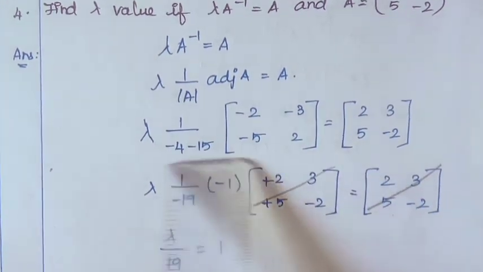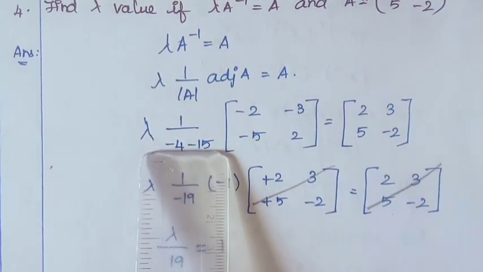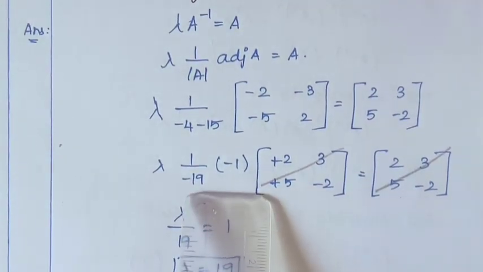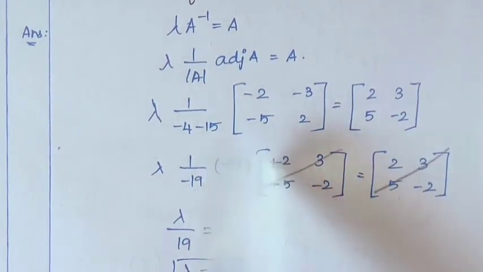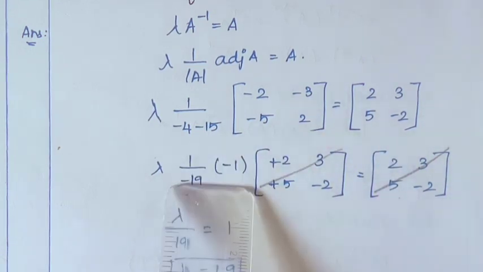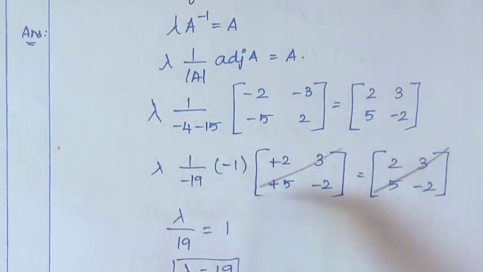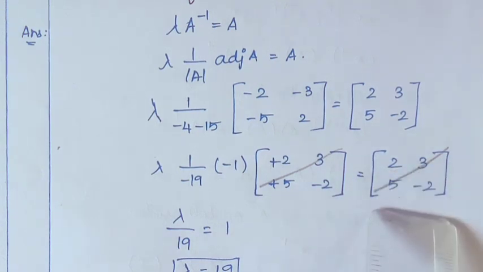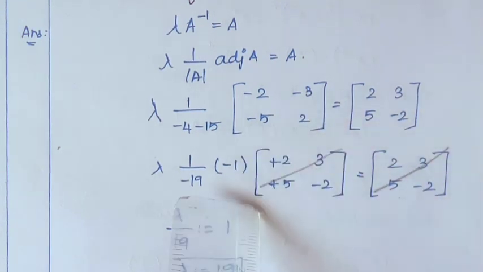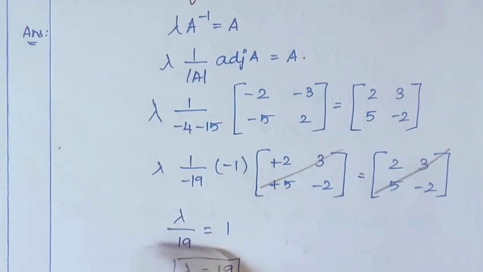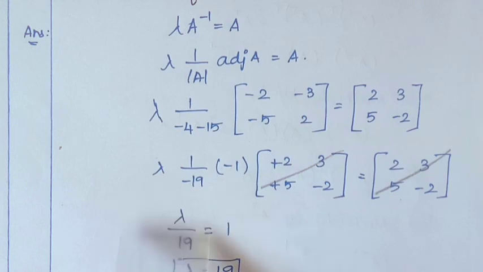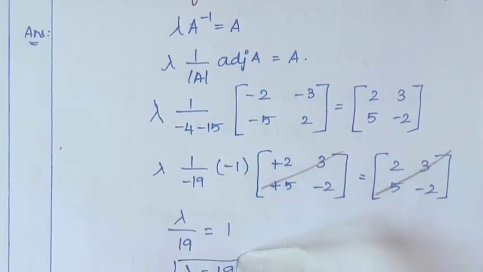And next, minus 4 minus 15, 1 by minus 19, taking minus 1 outside, 2, 3, 5, minus 2, and here it is equal to 2, 3, 5, minus 2, getting cancelled on each side. So lambda by 19 is equal to 1.